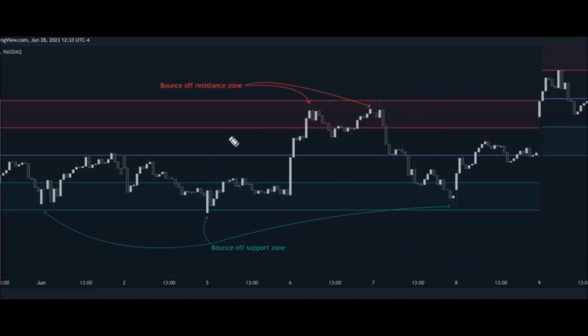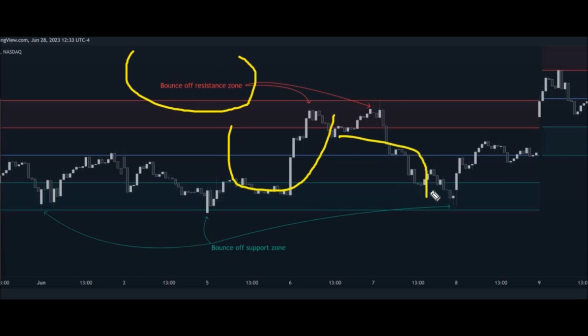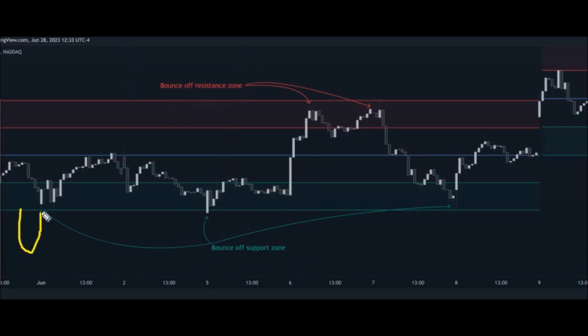So for instance, if price comes to the zone over here, we expect the price to bounce off the resistance level, and when price comes to the support zone, which is our green color over here, we expect price to bounce off the support zone. And you can see right here, price is actually bouncing off the support level over here, and at this level over here, the same is happening on the resistance level. You can see price is actually bouncing off the resistance level, as shown by those arrows in red and in green respectively.